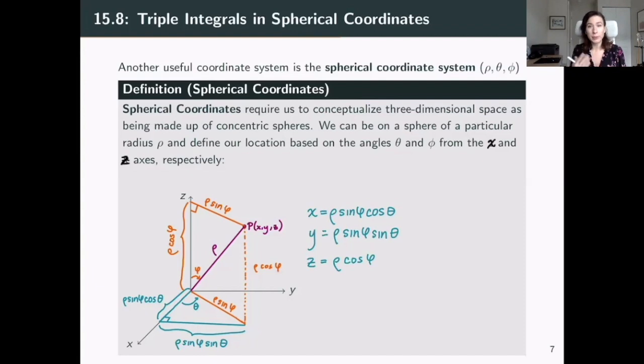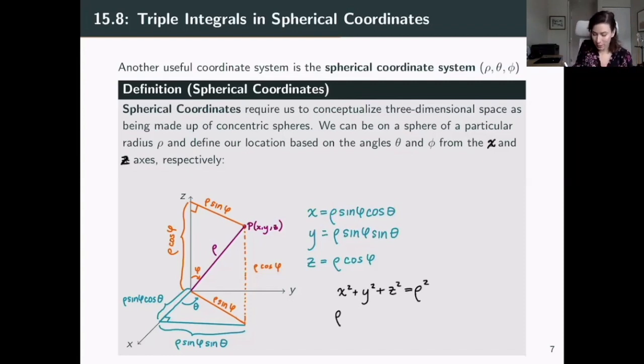Note that we have a few extra little arithmetic tricks up our sleeve now that we're in spherical coordinates. We would have that x squared plus y squared plus z squared is going to be equal to rho squared. Our rho, because we're working on a sphere, is the radius.